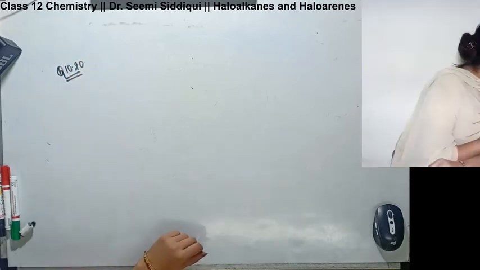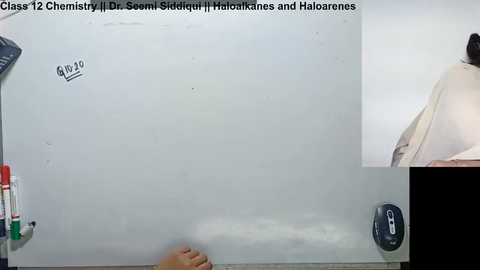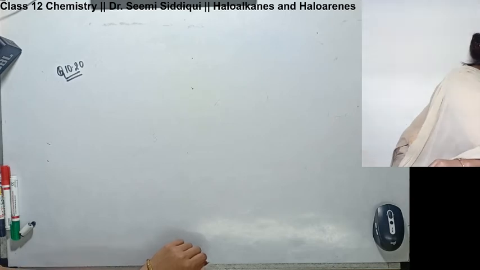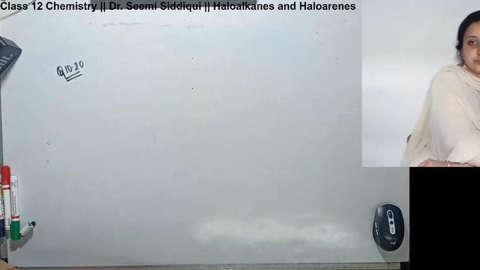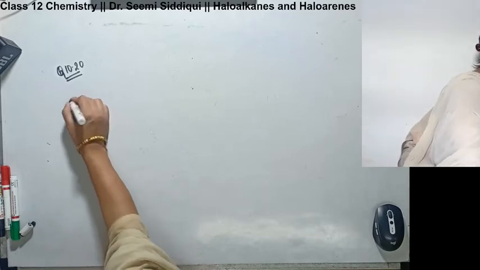Question 10.20 says, the treatment of alkyl chlorides with aqueous KOH leads to the formation of alcohol, but in the presence of alcoholic KOH, it leads to alkenes as a major product. Explain. So now look over here.